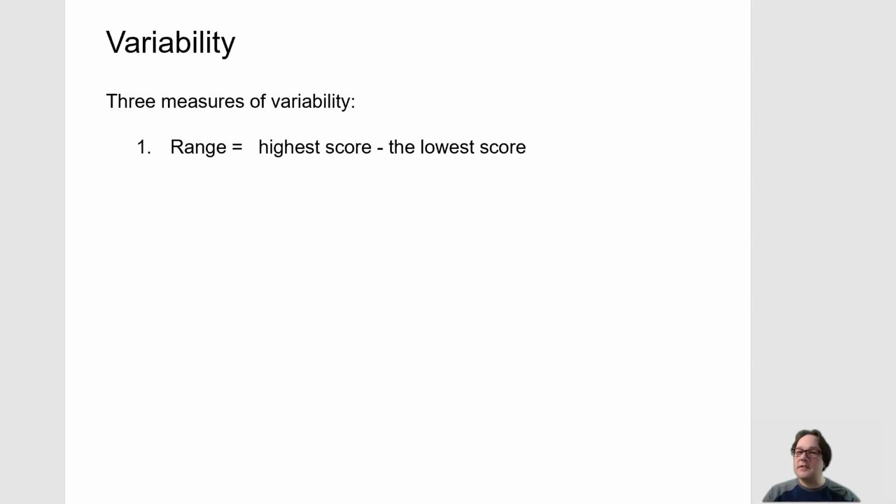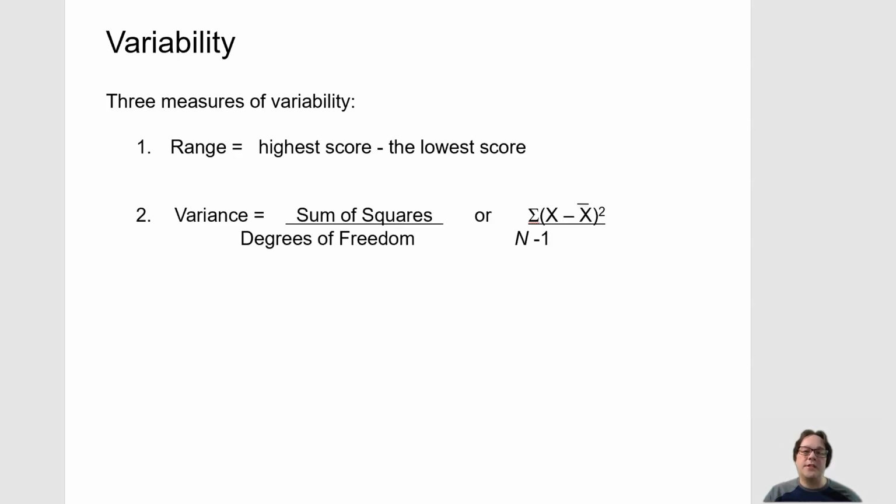The range is the simplest, and not exactly the most informative. It's simply the highest score minus the lowest score. This is how you would calculate range. And we'll do examples of these.